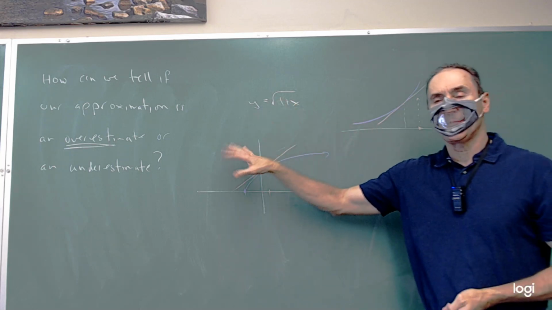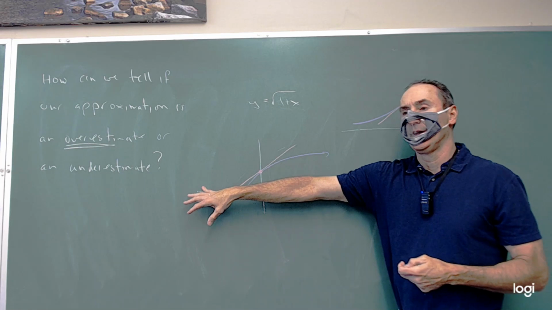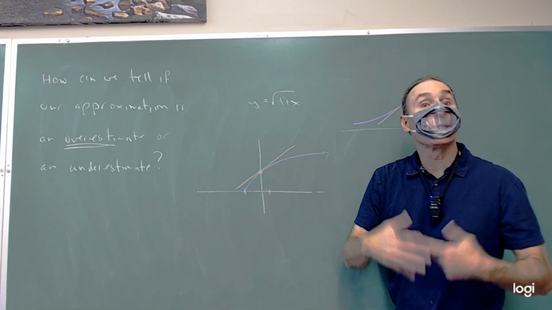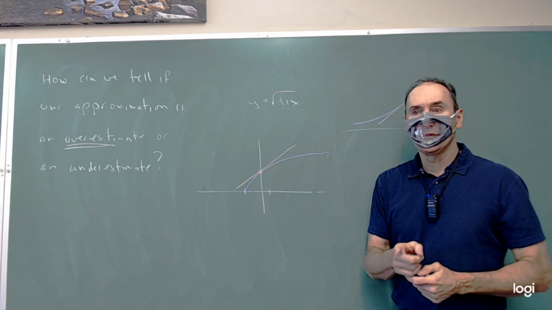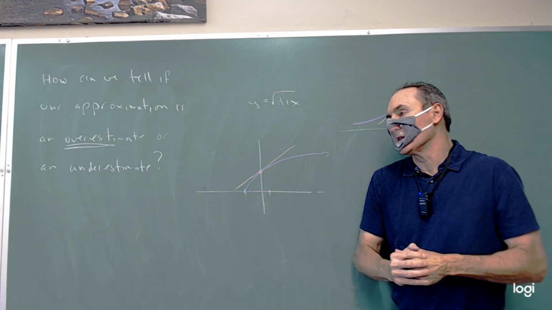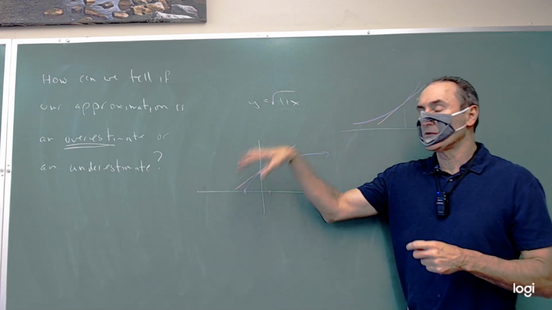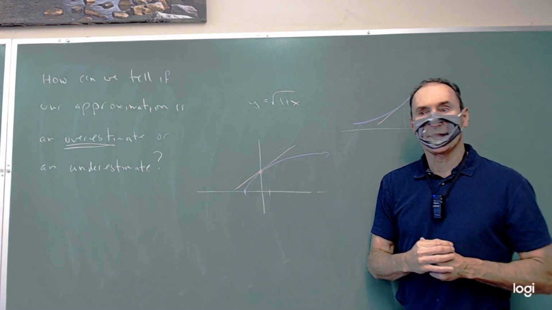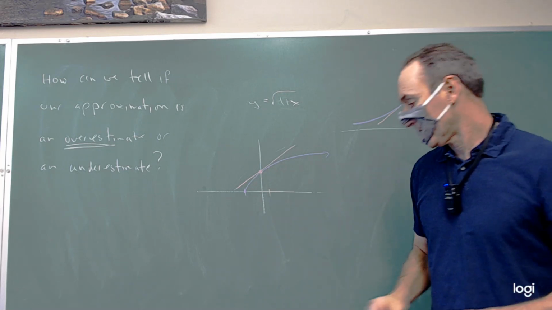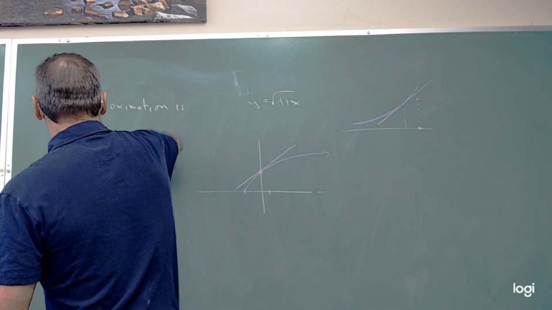I would just draw the picture, but this is a commonly asked AP Calculus question. Is it going to be an overestimate or underestimate, and why? Your justification has to use the language of calculus. So yes, it's going to be an overestimate, but don't say because look at the picture. Say because the function is concave down. Okay. Good.